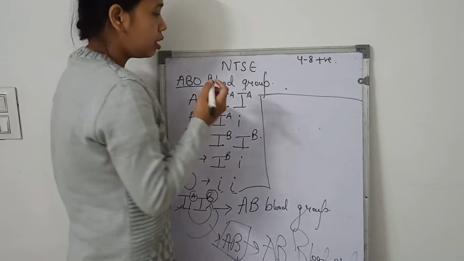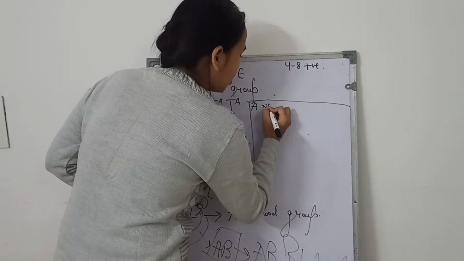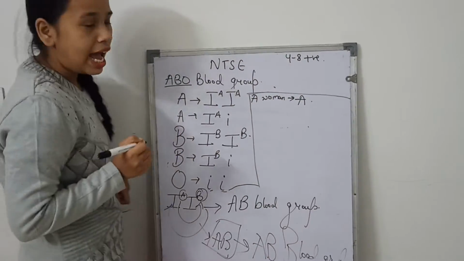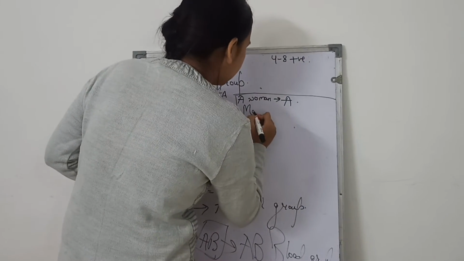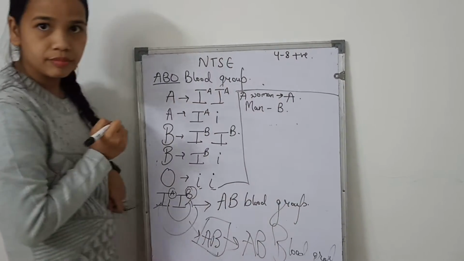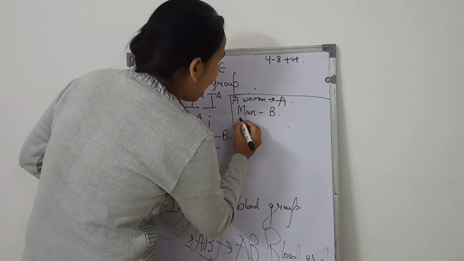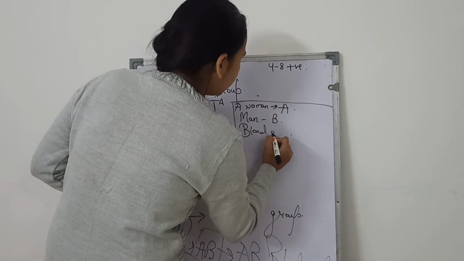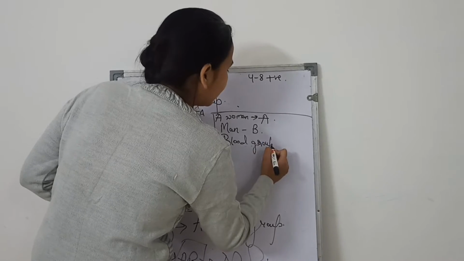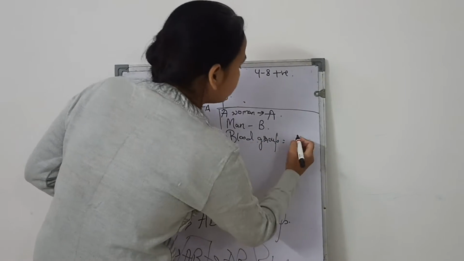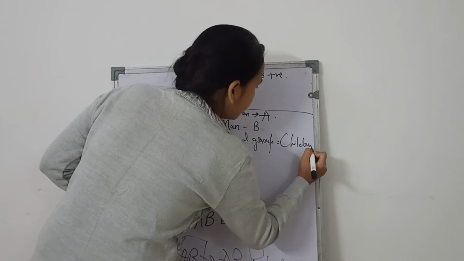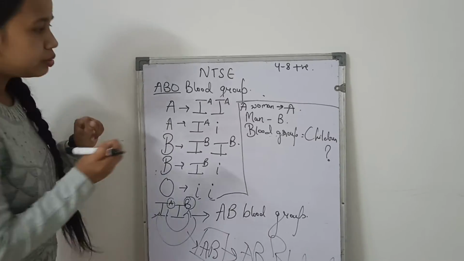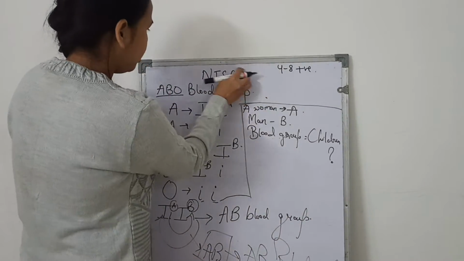Let's say a woman has blood group A and the man has blood group B. Suppose the question asks what are the possible blood groups of their children. Are you getting my question? What are the possible blood groups for their children? So one type of question that we get is this. The simple way to do these questions is, okay, let me rub this.